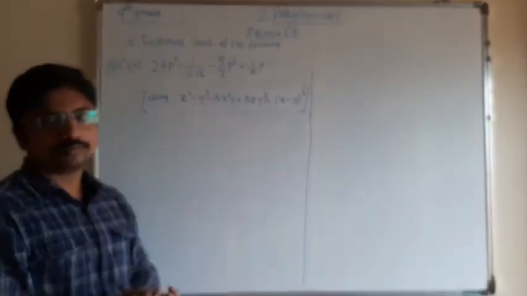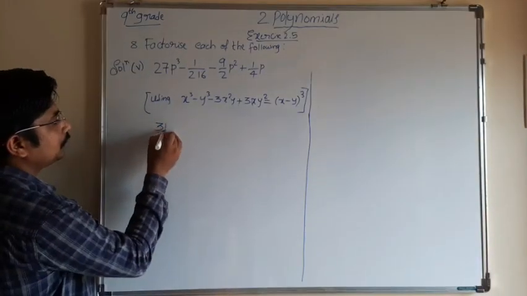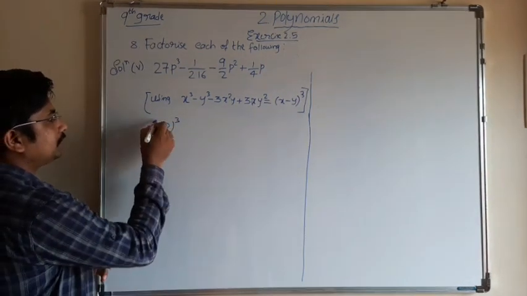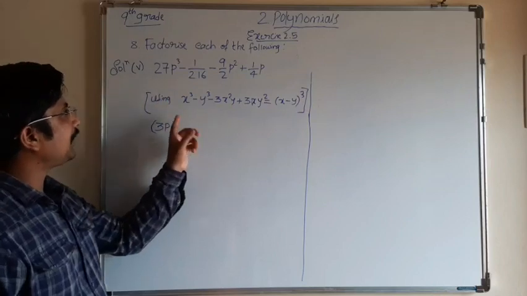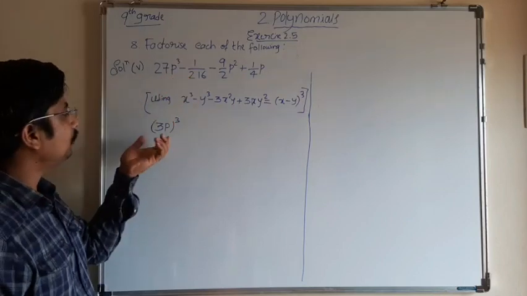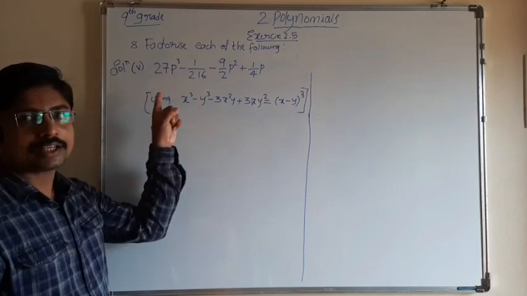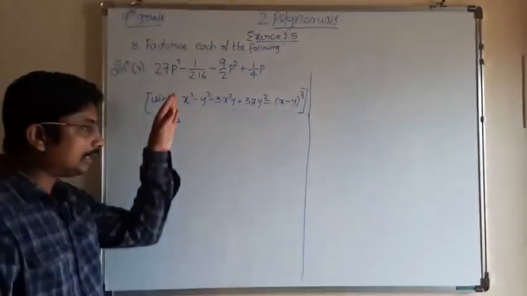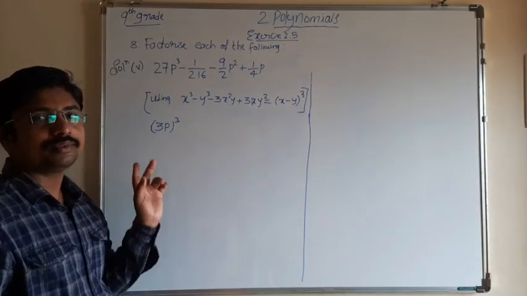27p cube we can rewrite as 3p whole cube. Is there any difference? No, because 3 cube is 27 and p cube stays p cube. We need the x cube form here, but only p cube is in cubic form, 27 is not. For that reason, we convert 27 in terms of 3 cube.